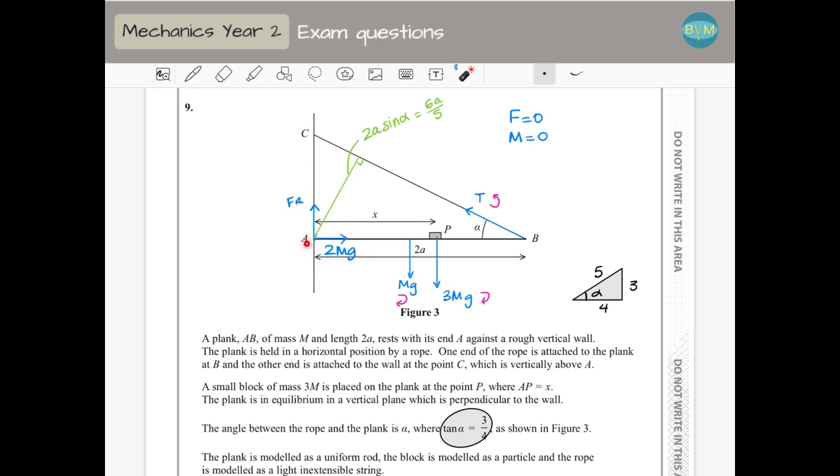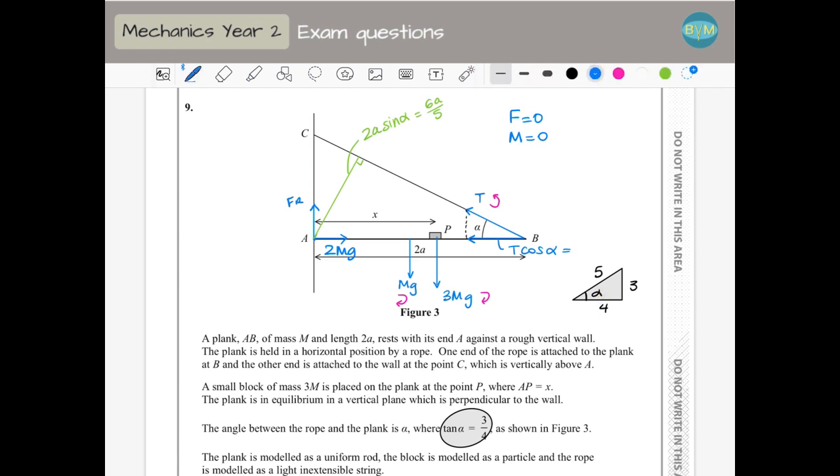So if we use horizontal force equals 0, the only horizontal forces that we have are this one pointing this way, and the horizontal component of this one here. So I have this horizontal component here, which is t cos alpha. And cos alpha from here is 4/5.